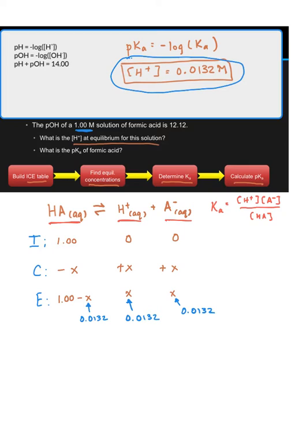Therefore, the equilibrium concentration of HA is 1 minus 0.0132, to 2 digits past a decimal point, that's 0.99.